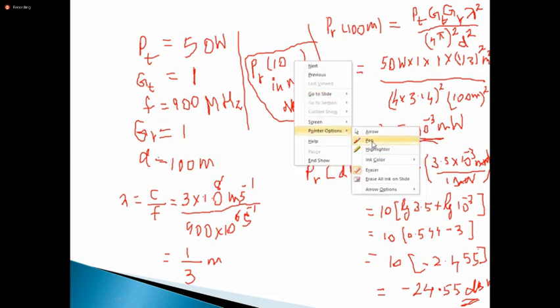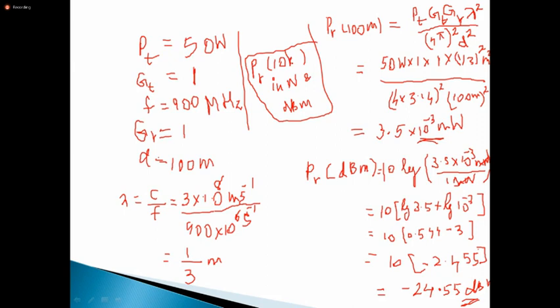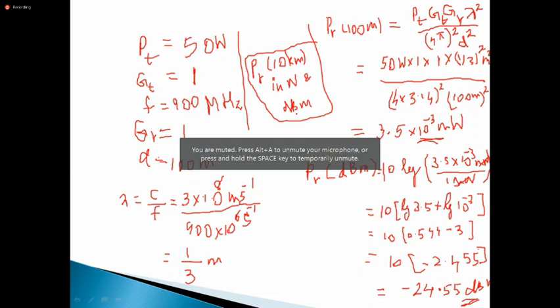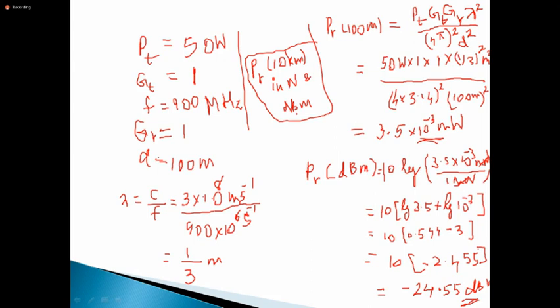This is 10 kilometers. Okay. You have to find the received power at a distance of 10 kilometers in watts as well as in dBm. You can try it and let me know the answer in the next week.